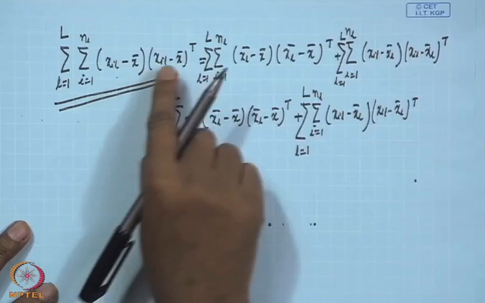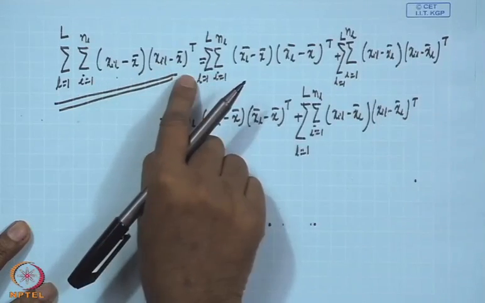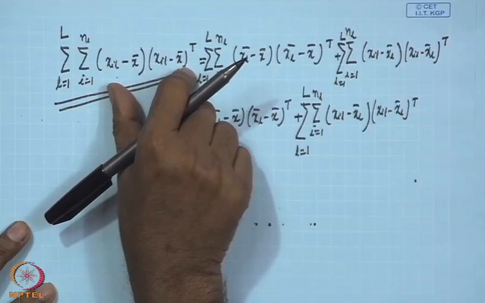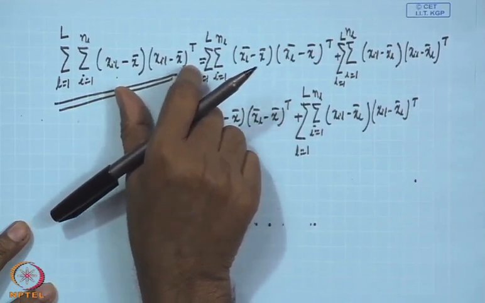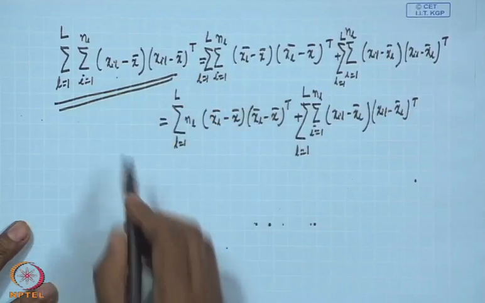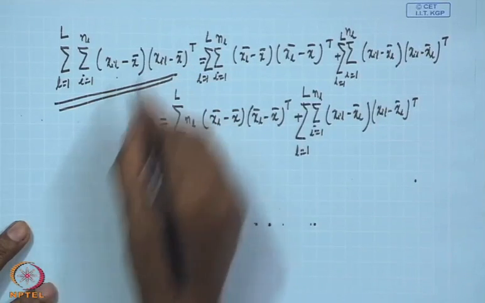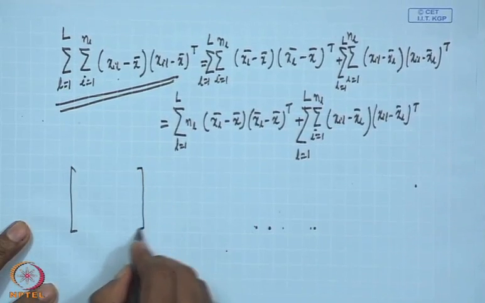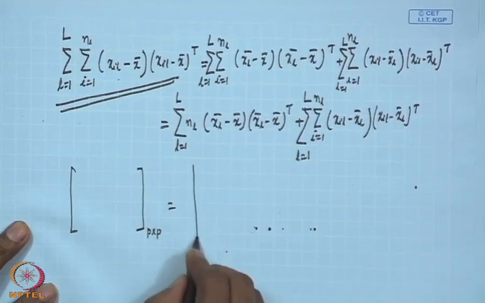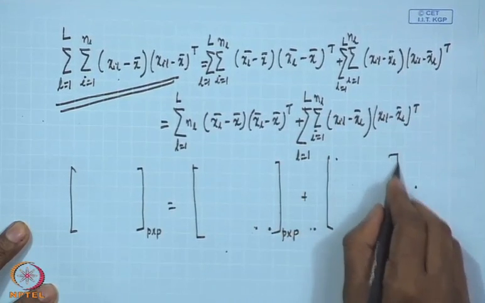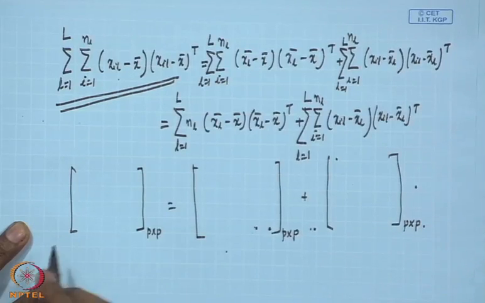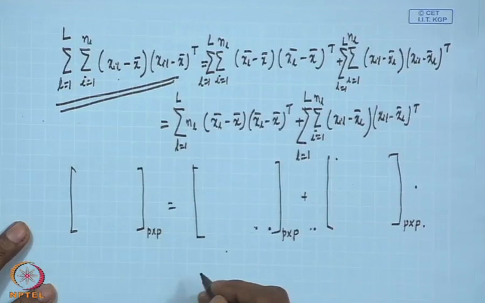But here it is a vector quantity, and when you are multiplying this vector with its transpose in such a manner, it is creating a matrix, not a scalar, a matrix of P cross P dimensions. So, this one will be P cross P plus this also will become another P cross P, correct. So, diagonal elements will be the variance part, off diagonal elements will be the covariance part, variability and covariance.